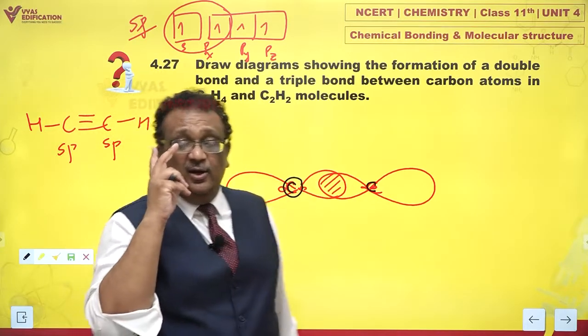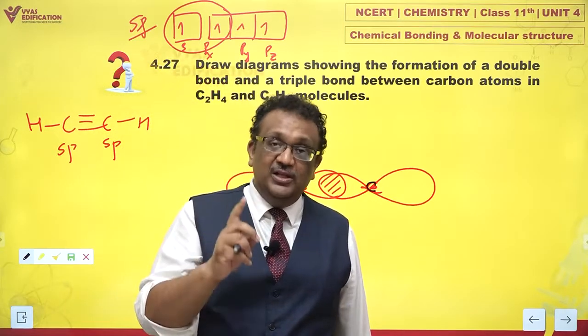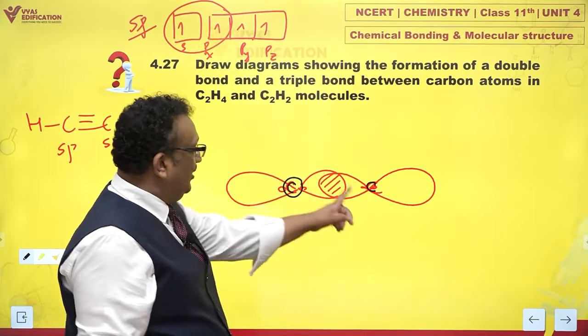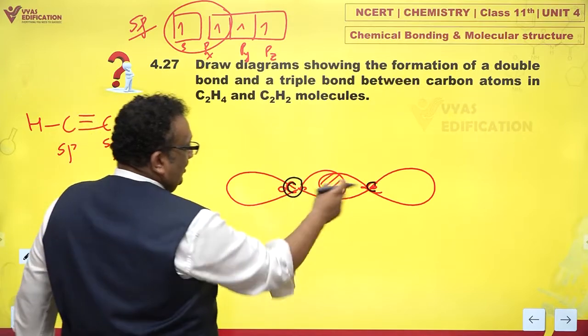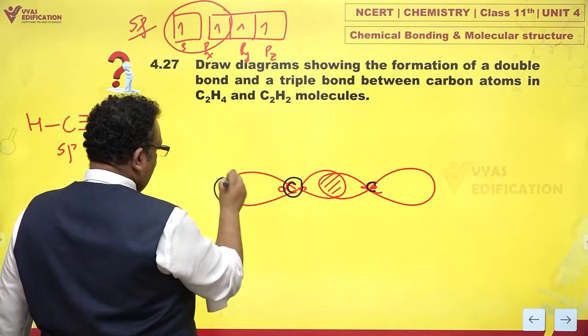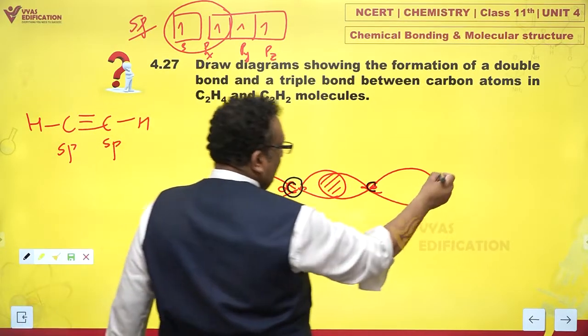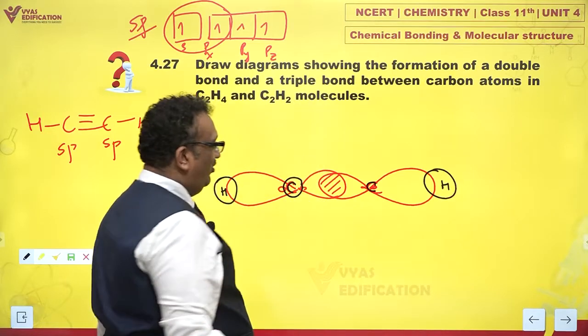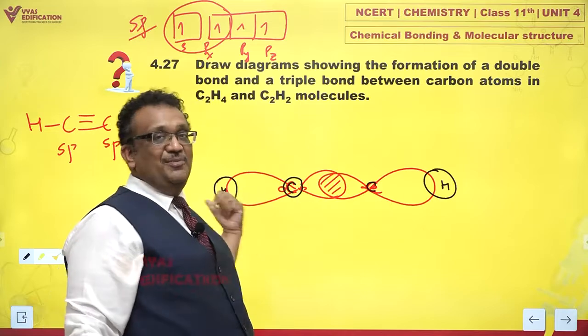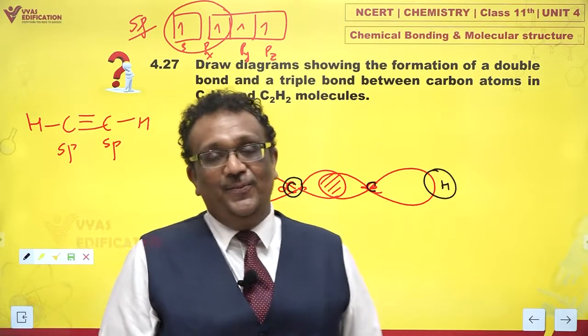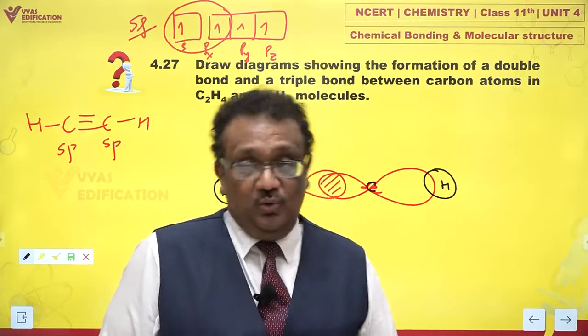So there are 2 sp hybrid orbitals on each carbon atom, and since there are 2 carbon atoms, you have 2 plus 2, 4 sp hybrid orbitals. Middle ones have overlapped, and the terminal ones have overlapped with hydrogen atoms. The HCCH, this is the sigma structure, as you can see. But there's a pi structure also, yes.